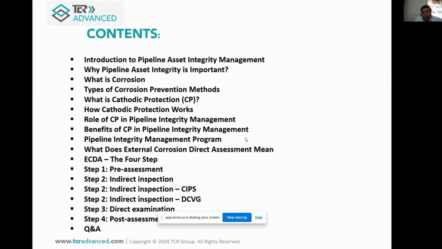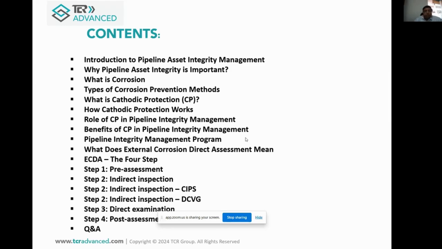I will take you through what corrosion is and what cathodic protection is, just the basics, and then the role of cathodic protection in pipeline integrity management. Then I will introduce you to a tool called external corrosion direct assessment and the four steps we do in external corrosion direct assessment.